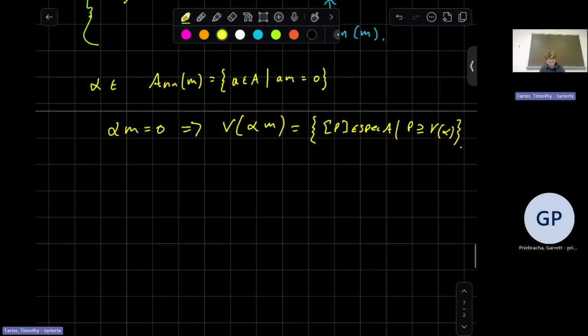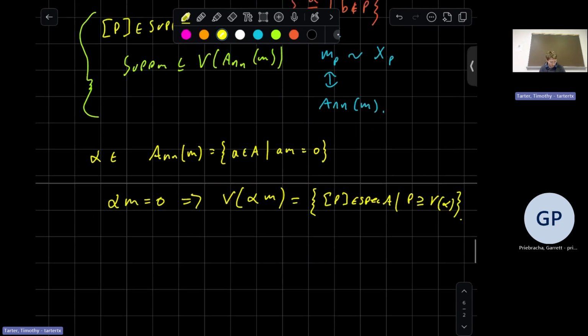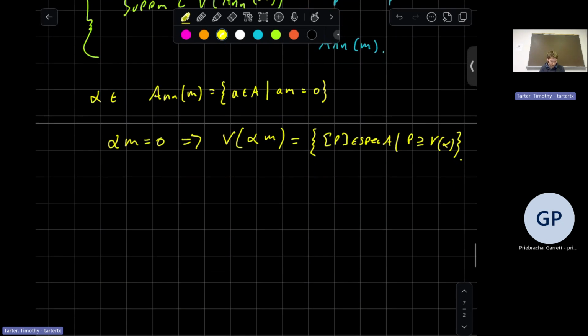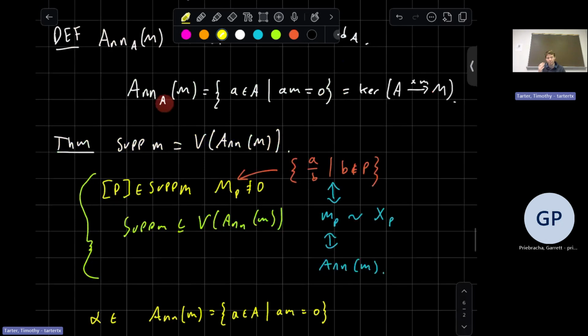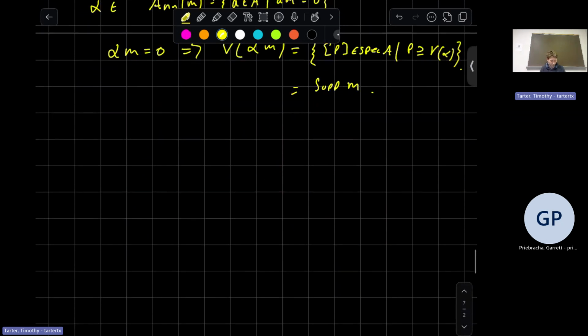And so in this way, this is clearly the support of M, right? And then it's just kind of the bundling of all of those together.